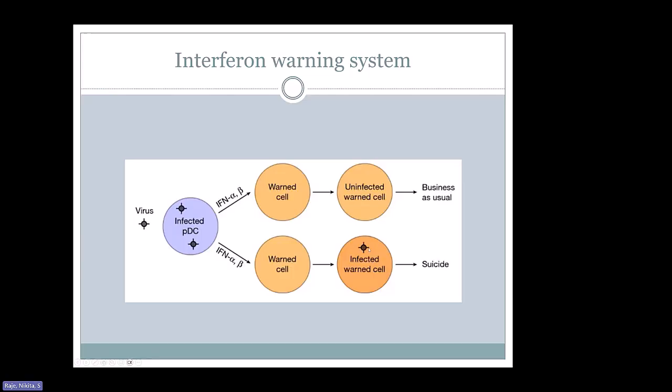If it is a cell that is uninfected, it continues business as usual. However, it has been warned of the viral infection. So it helps in reducing the replication of viruses, and for the uninfected cells, the goal is to protect them from that infection.